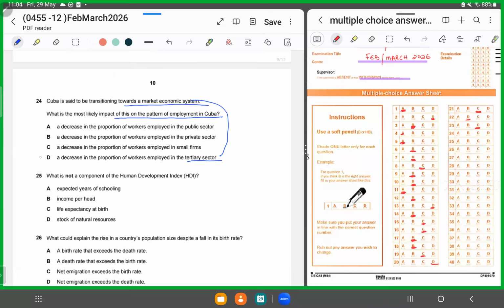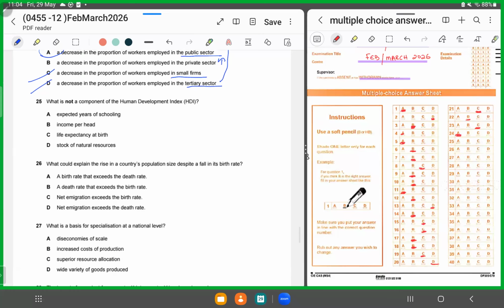So you chop D. A decrease in the proportion of workers employed in small firms? You cannot say that. A decrease in the proportion of workers employed in the private sector? No, the private sector would increase and the public sector would decrease. So it has to be A, because you're moving from being government owned towards private, right? The private sector would be larger.